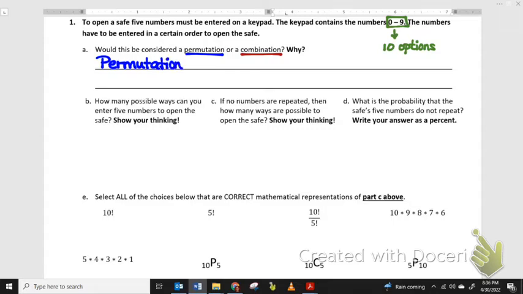Technically, it's still a permutation even when you're thinking about setting it up, because even though you might not care about it, it does matter. All combination locks are actually permutation locks, yes. Permutation, because the order that you enter the numbers in matters.